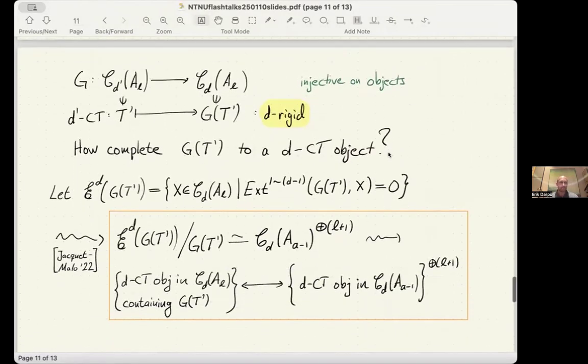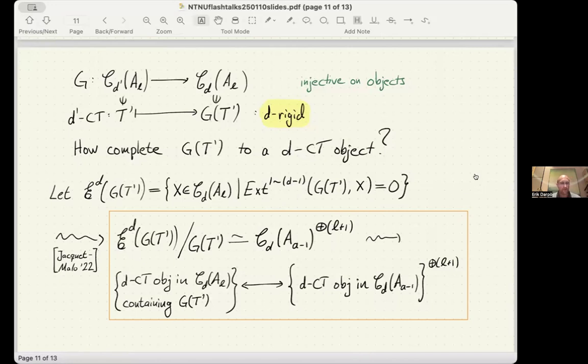And so if I denote by E of G of T prime the set of objects in the d-cluster category which satisfy this Ext vanishing condition with the image of T prime, so all the Ext^i for i from 1 to d-1 will have to disappear.